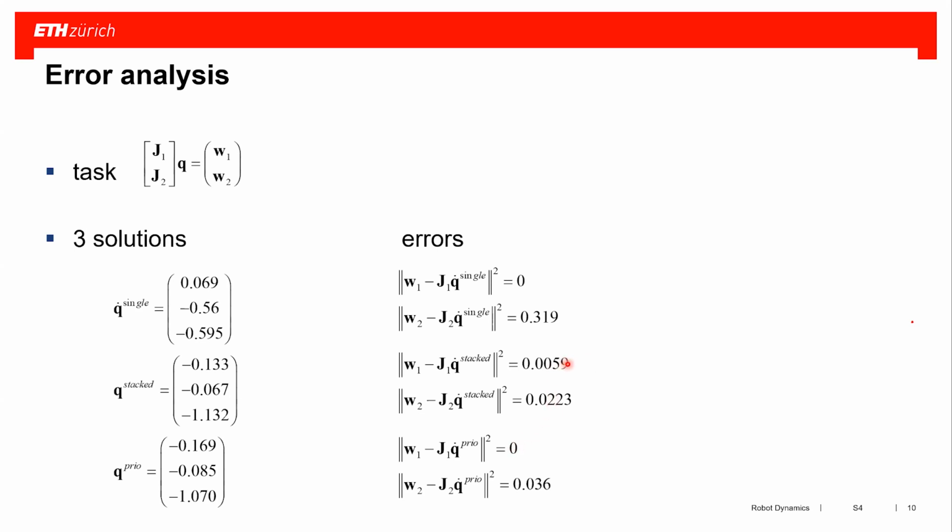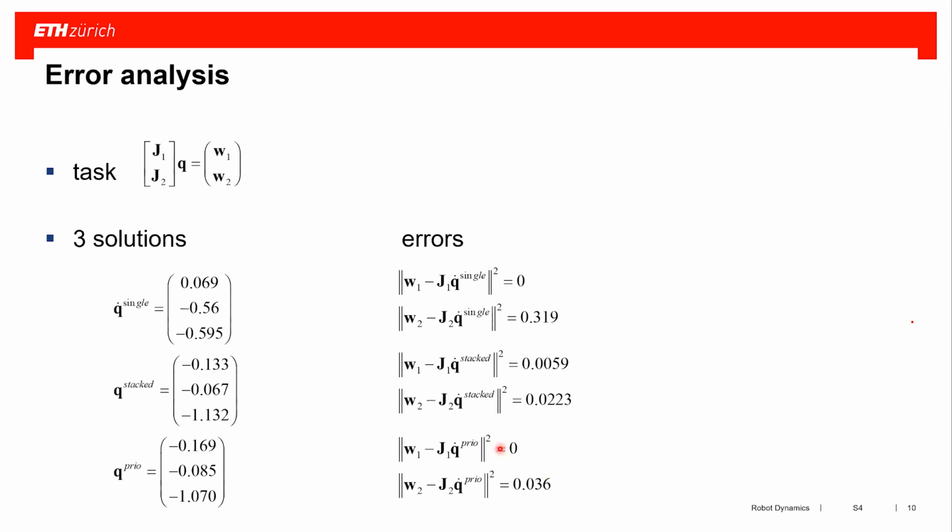That one sacrifices a little bit on task 1, so we have an error here, but in return we gain a lot, since we can also decrease the error of my second task. The third one, which ensures that my first task is satisfied, can also reduce the error on the second task compared to the first one, but never quite as much as the stacked one.